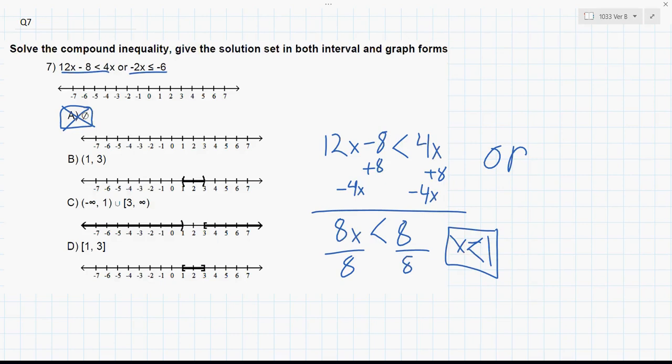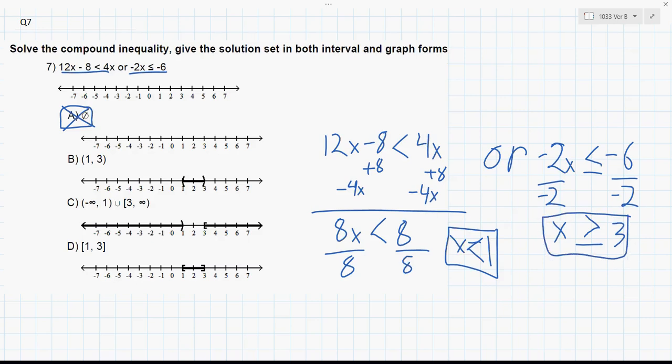Now we need to see what else. Negative 2x is less than or equal to negative 6. We're going to have to just divide both sides by a negative 2, which involves a sign flip. And then x will be greater than or equal to a positive 3. And then we start looking over at our graphs and say, all right, do I see something that says that I am going from negative infinity up to, but not touching, 1?